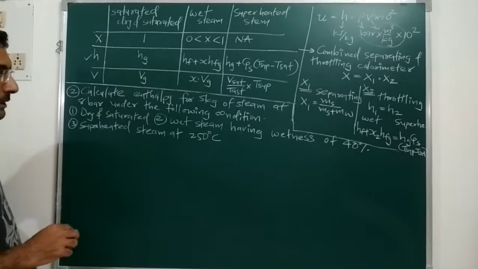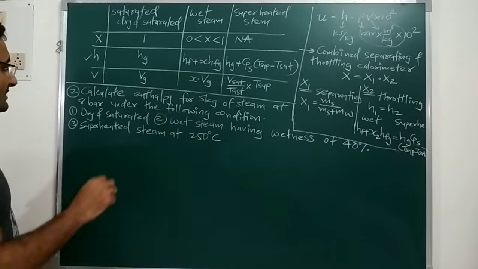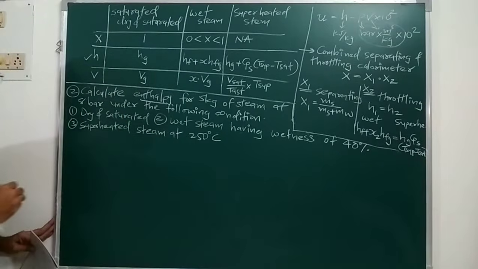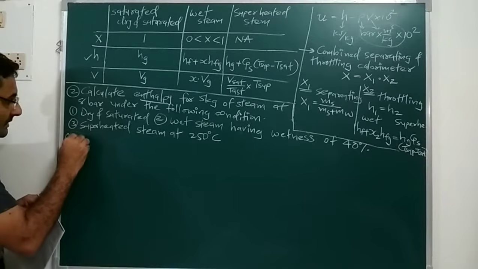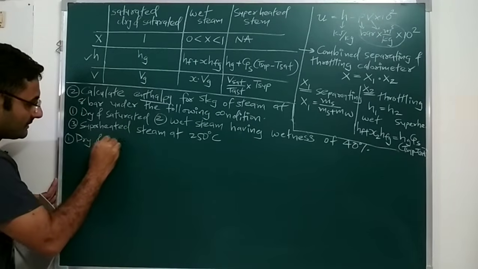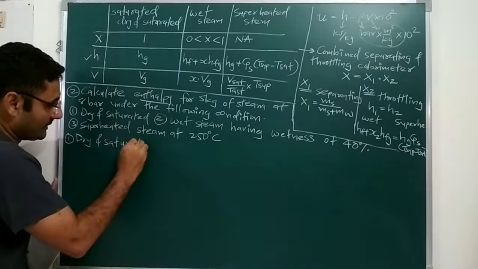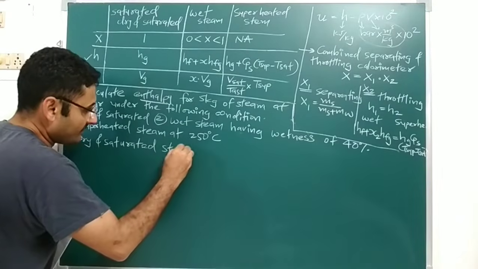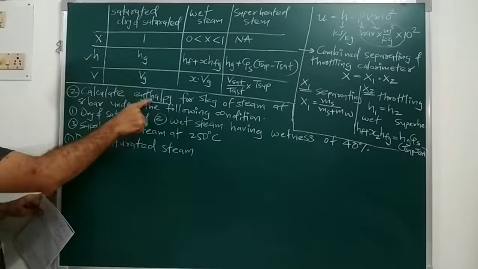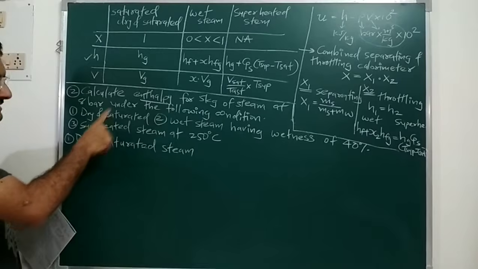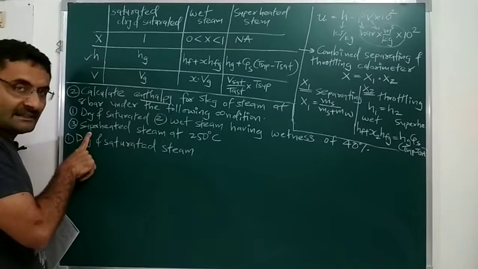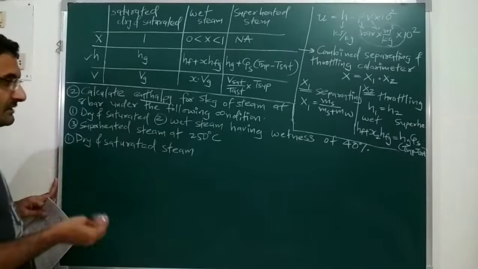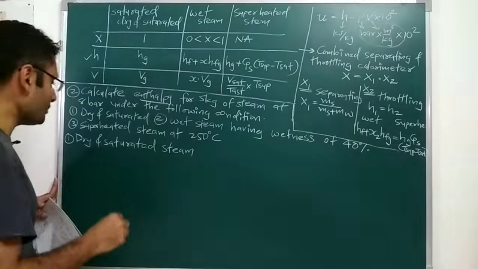So calculate it properly. Now first of all, which thing is asked? Only enthalpy is asked. So first of all, I will write first one, dry and saturated steam. For each and every steam, we have to calculate enthalpy. For dry saturated steam, for wet steam, for superheated steam, that means over here 3 answers of enthalpy we have to find.